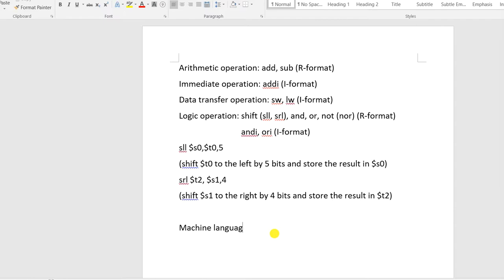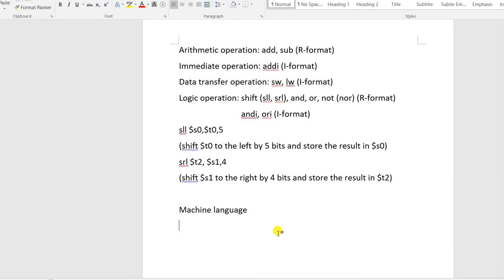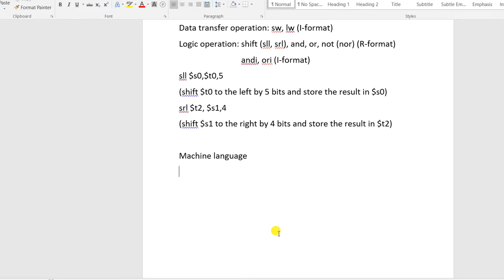We said the shift right logic and shift left logic both use R format. Please try to answer by yourself how to represent R format, how many segments are included in R format, and what is the meaning of each segment. I want you to pause here and try to answer by yourself, and then continue with this video to compare with your answer and the answer I give.